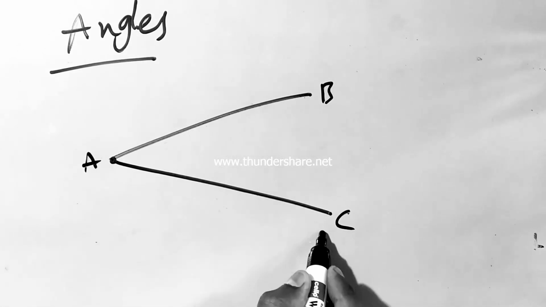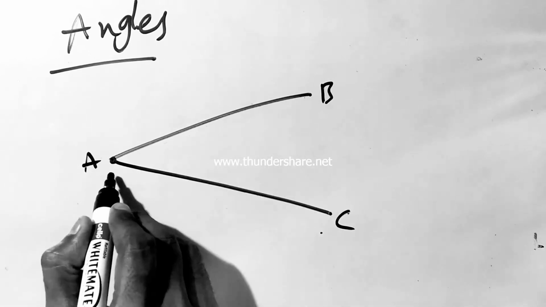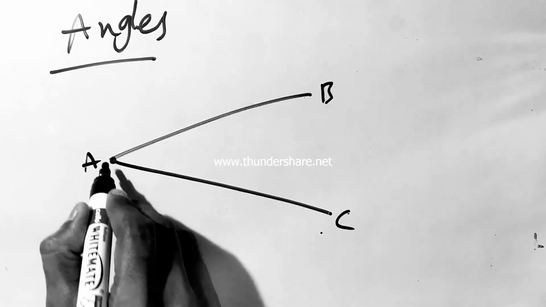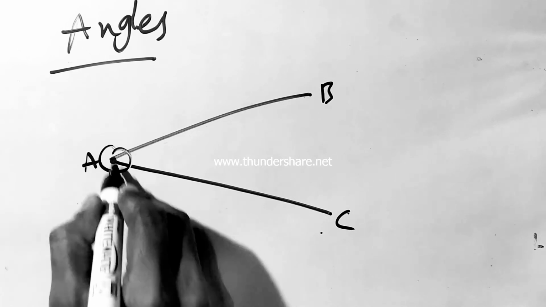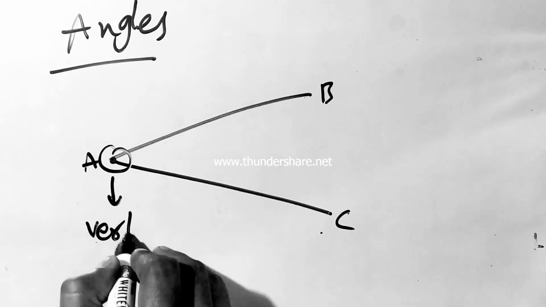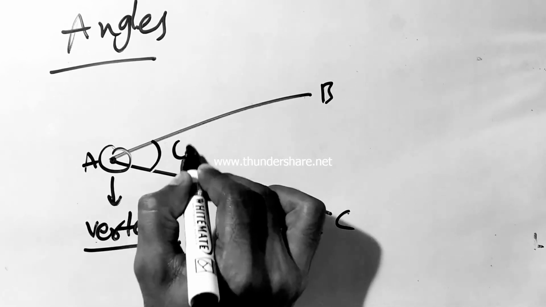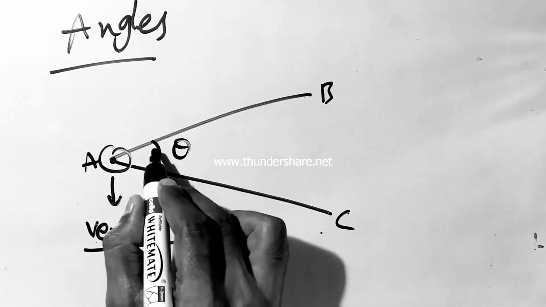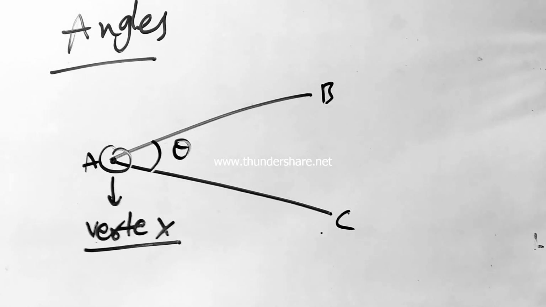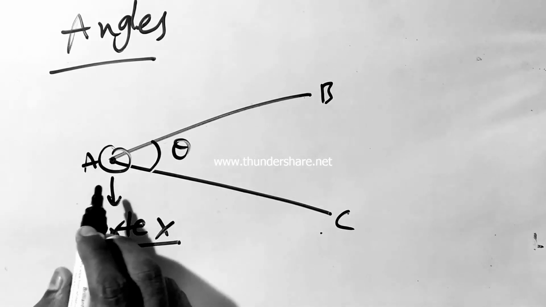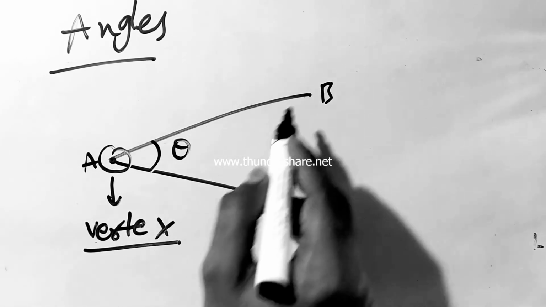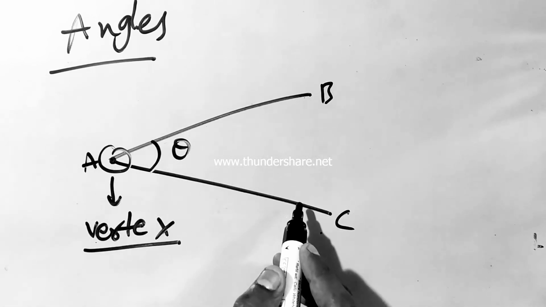AC is a line and AB is a line having the same common end point. That common end point is called the vertex. A common end point is called a vertex, and it makes an angle. This is called an angle. This is a vertex, and two lines at a vertex make an angle.